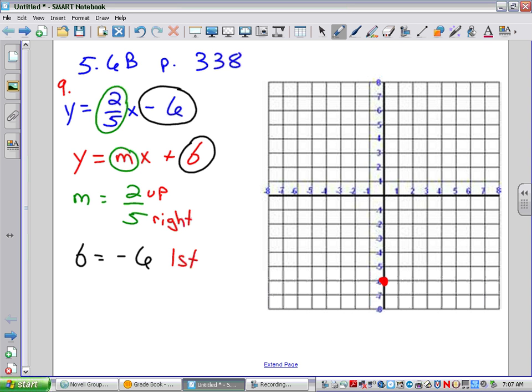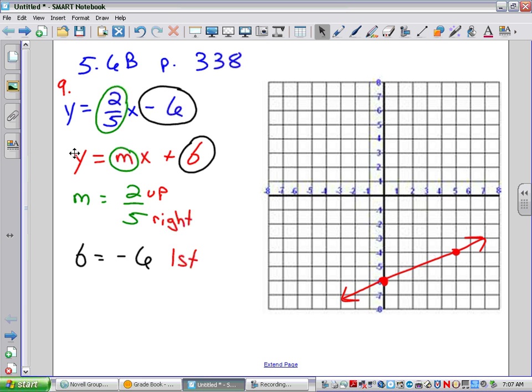So count for my first red point, up 2, right 5. 1, 2, 1, 2, 3, 4, 5. There's my second point. And there's my line. And I'm done. First thing, slope-intercept form. Second thing, graph it.